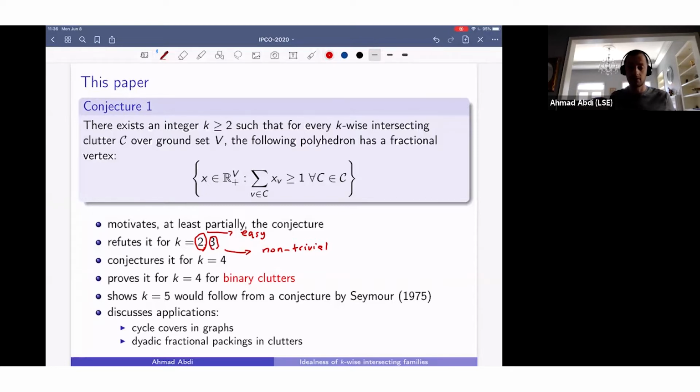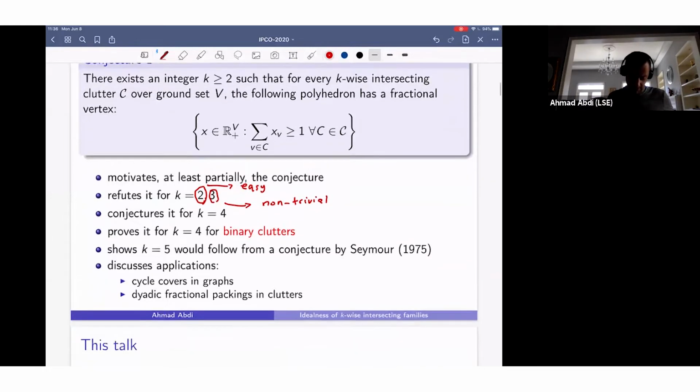It can be found in Schrijver's 3-volume book in the further notes section. And it discusses some applications of our theorem. And the applications are to cycle covers in graphs, uniform cycle covers as well as dyadic fractional packings in clutters. I unfortunately won't have time to discuss all of this.